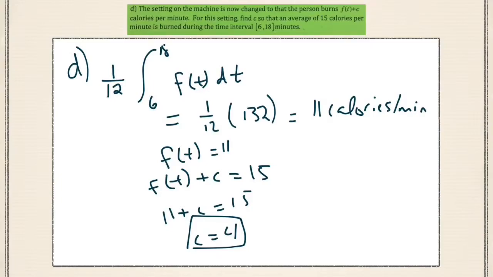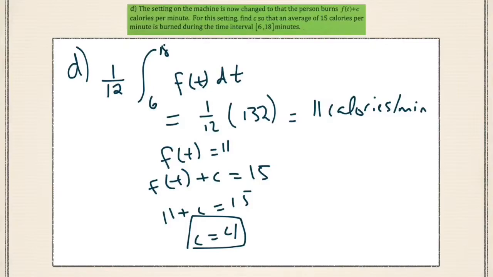Part D asks, the setting on the machine is now changed so that the person burns f of t plus c calories per minute. For this setting, find c so that the average of 15 calories per minute is burned during the time interval 6 to 18 minutes. Well, we take the integral from 6 to 18 of f of t plus c dt, and to find the average we do 1 over the time interval, which is 1 over 18 minus 6.